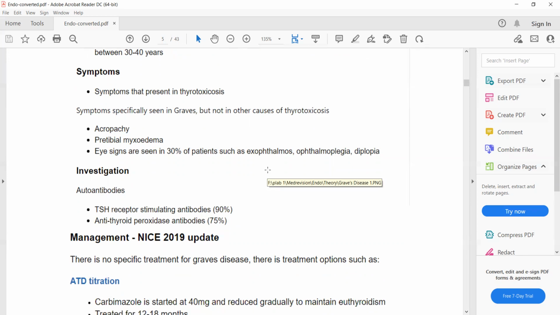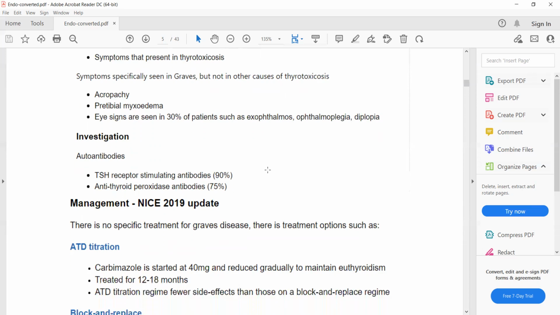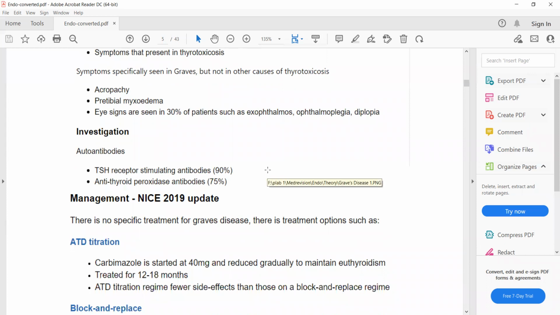So these symptoms, which are acropathy, pretibial myxedema, and eye signs, are present only in Graves' disease.